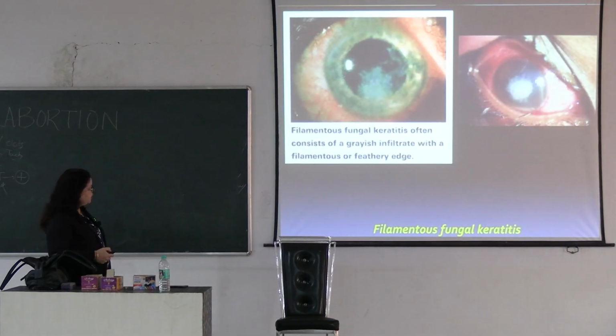Then the signs: this is filamentous fungal keratitis, with dense keratitis and filamentous projections affecting the deeper layer while the corneal surface is smooth, with no involvement of the epithelium, and these are the feathery edges, just like the feather of a bird.